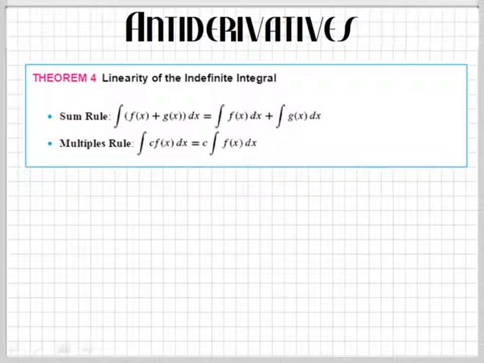You notice that there's not a minus sign here. That's simply because the minus can be factored out. So like if you had an integral of negative 3x dx, you can factor out that negative so it's in front.